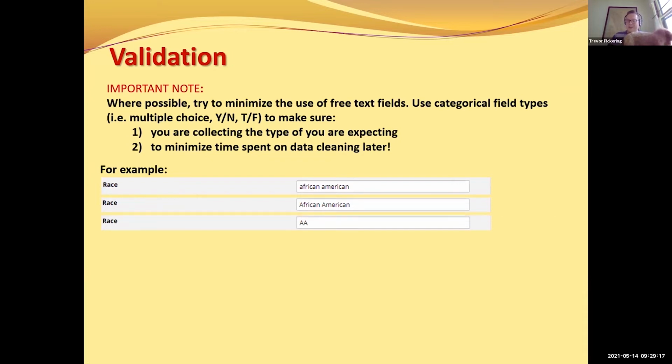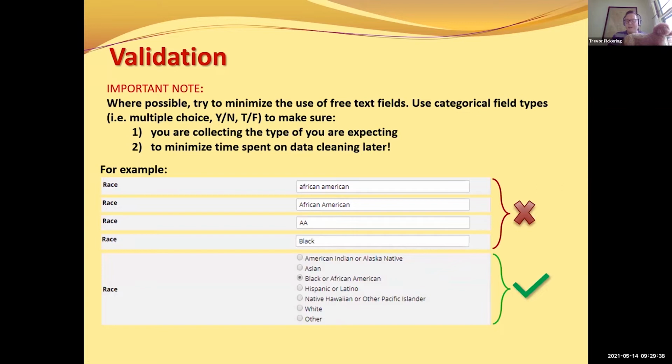Or AA might be entered, or Black might be entered. And even though as humans we can understand that these are all similar, statistical software treats them all as different. So how can we make all of these different responses unified into one?